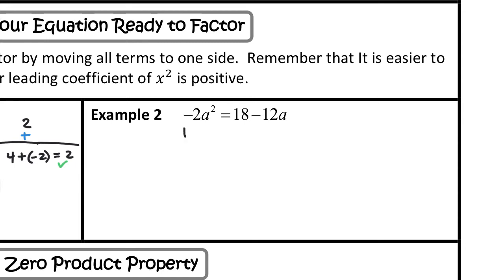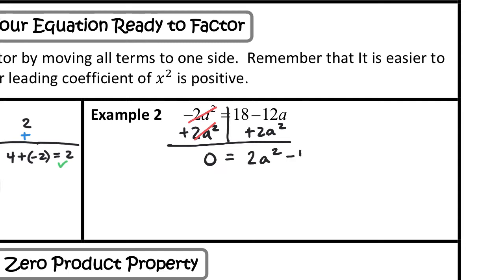The opposite of -2 is +2. So these will cancel, giving me 0 equals, I'm going to put 2a squared first, then minus 12a, then positive 18.